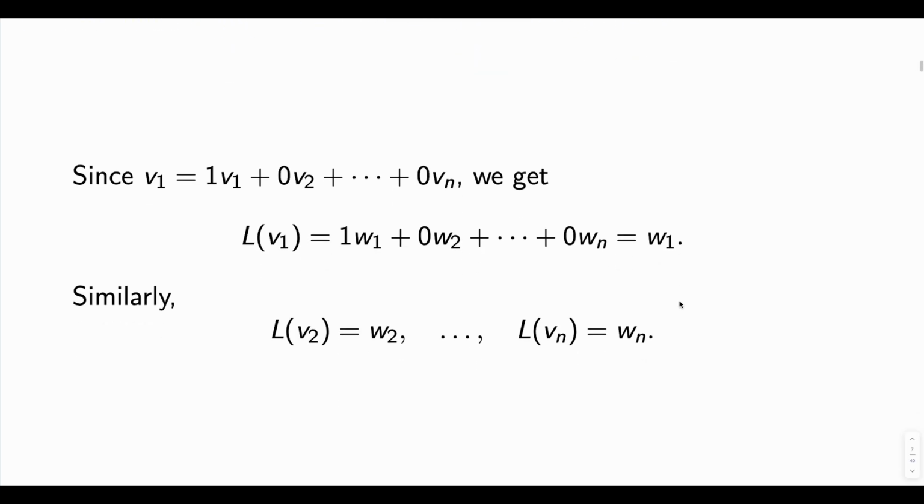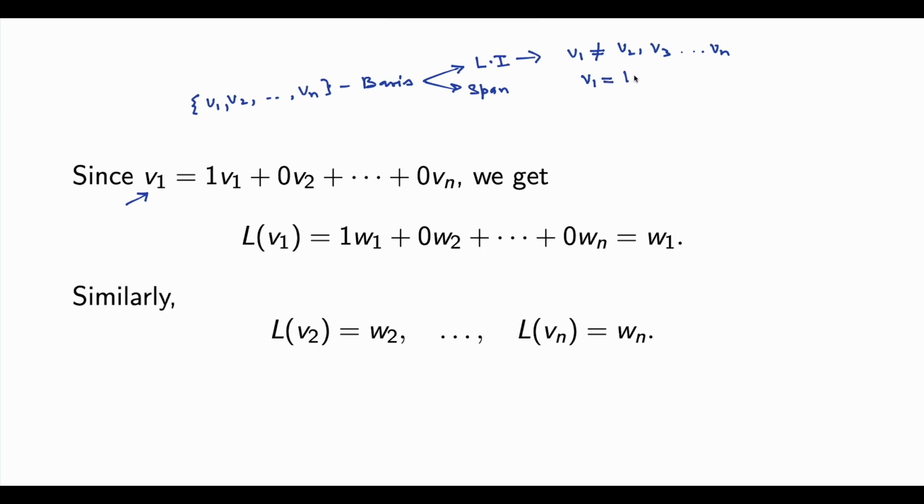This is because the set V1, V2, ..., Vn is a basis, which implies it is linearly independent and spanning, right? Since it is linearly independent, V1 cannot be written as a linear combination of the remaining vectors V2, V3, and so on up to Vn. So the only possibility is that V1 is written as 1 times V1 plus 0 times V2 and so on, 0 times Vn, because of the linear independence property.